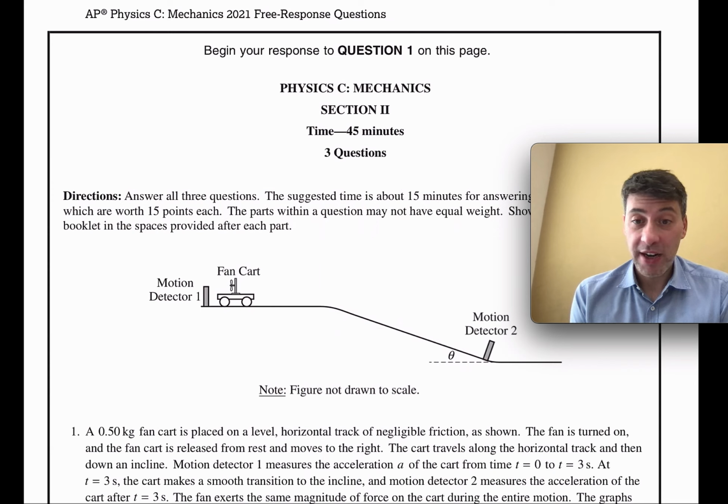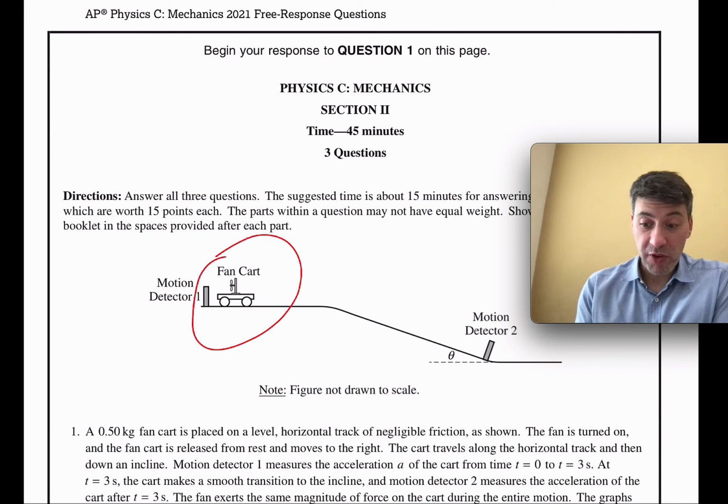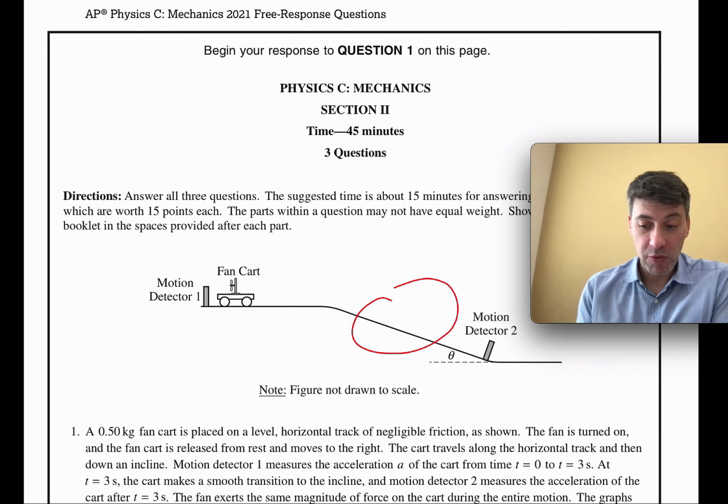We try to figure out what is happening on the diagram and scan quickly the question. So what we see is a cart probably moving to the right since the fan applies a force, and later it moves on an inclined plane.